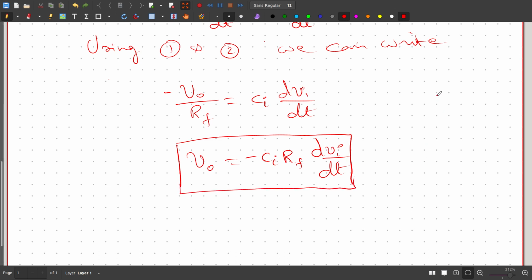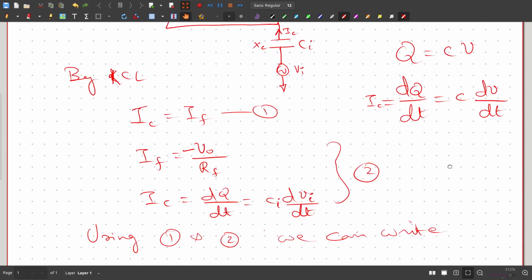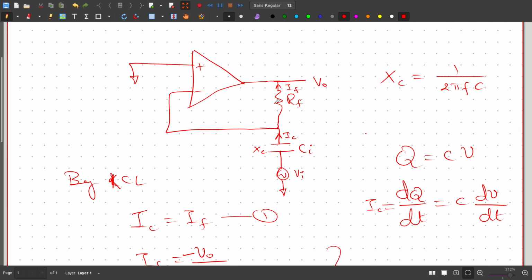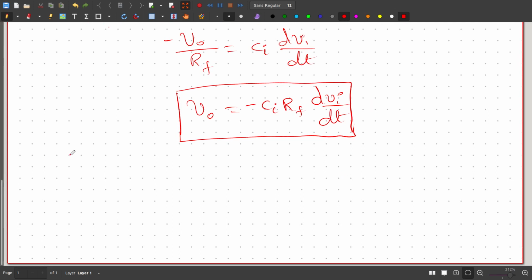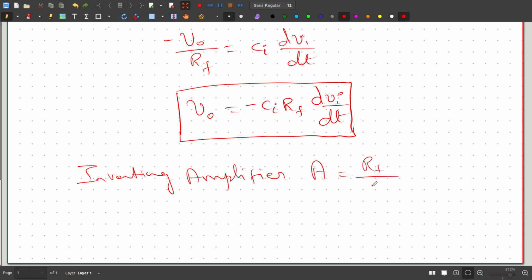So what's the gain of this differentiator? If you look here, it's an inverting amplifier, and in the place of the input resistance we have the capacitive reactance, and in the place of feedback resistance we have the feedback resistor. By the inverting amplifier gain formula, it's the feedback resistance divided by the input resistance.